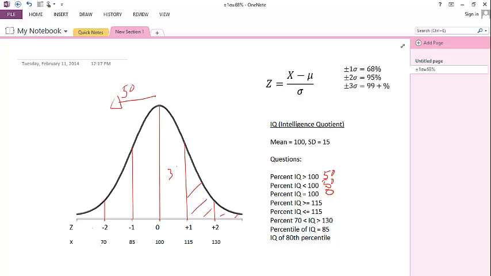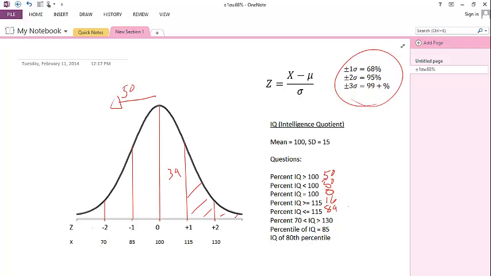And then we know that this is 34% because of what we memorized up here. So 50, so that's 84. So it's about 16%. The equal sign doesn't matter. If that's the number greater than or equal to 115, the equal sign doesn't matter. Then less than has got to be 84%.